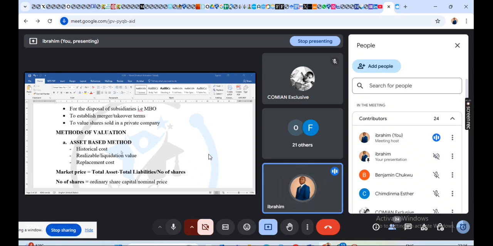Now, asset-based method. A company can decide to use the asset-based method to value its business, or you can decide to use the income-based approach. There is another method, the dividend valuation method.